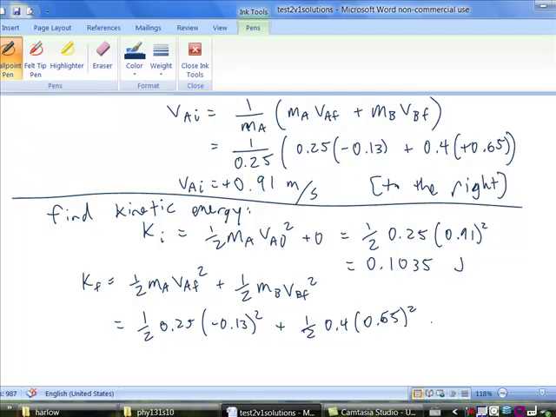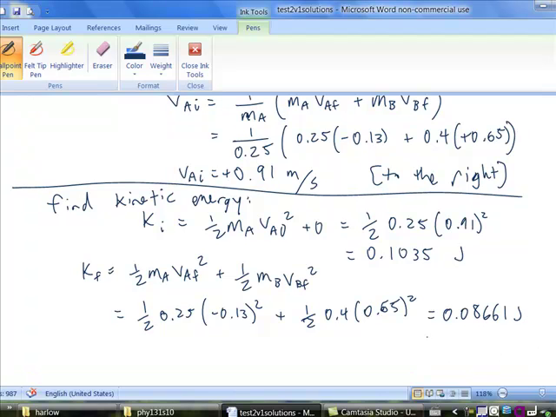Plugging that into my calculator, I got 0.08661 joules.